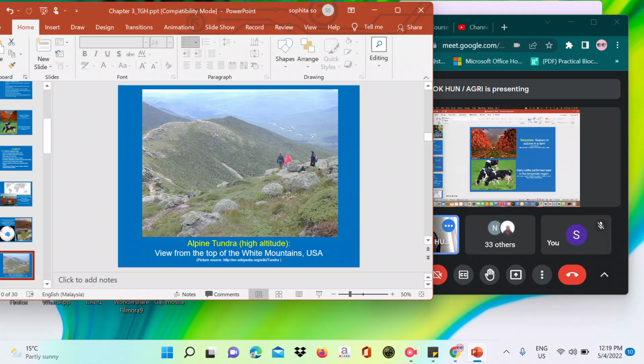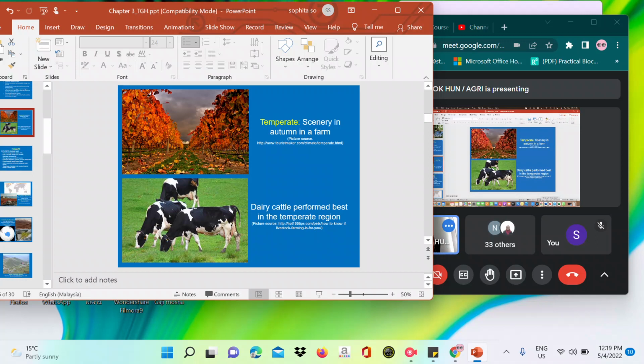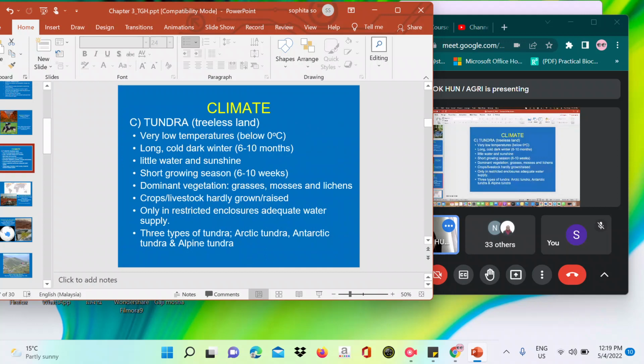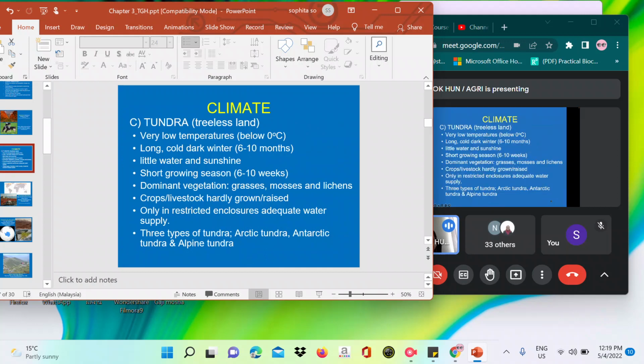Can you see this slide? Yes, doctor, the dairy cattle. Okay, all right. So this picture shows the dairy cattle performing well in the temperate region. This is the photo we usually see in Dutch Lady milk advertisements and so on. Here you can see the climate. Can you see it or not? Yes. Okay, all right.